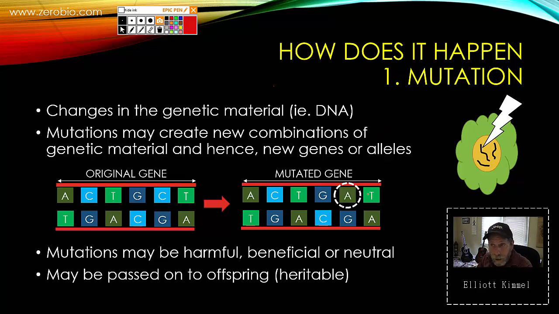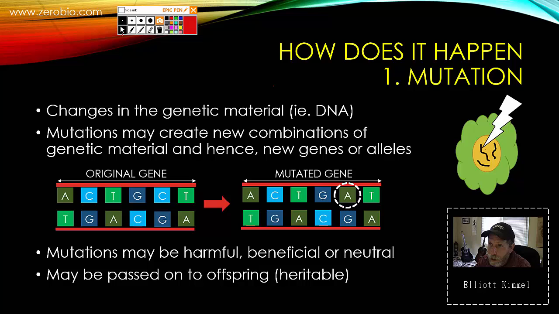Those mutations are then passed on to the offspring. And we are talking about mutations that are passed on through the gametes, through the sex cells, so that if you happen to have a mutation in your lifetime, I mean, if you had, God forbid, skin cancer, which causes genetic changes in your cells, that is not going to be passed on to your babies because it happened within your lifetime.